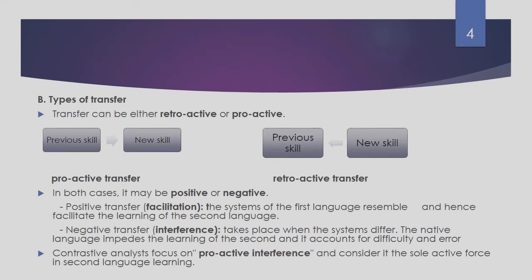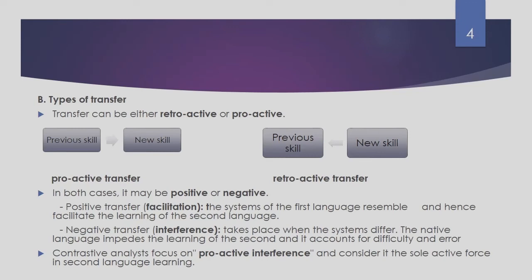In both cases, proactive or retroactive, transfer can be positive or negative. Positive transfer, also called facilitation, occurs when the systems of the first language resemble, they are similar, and hence facilitate the learning of the second language. By contrast, negative transfer, which is also called interference from L1, takes place when the systems differ.